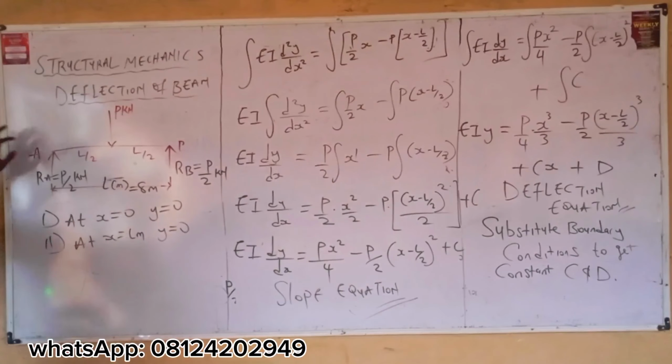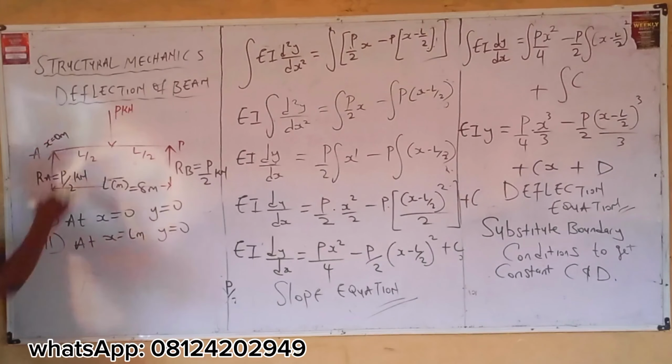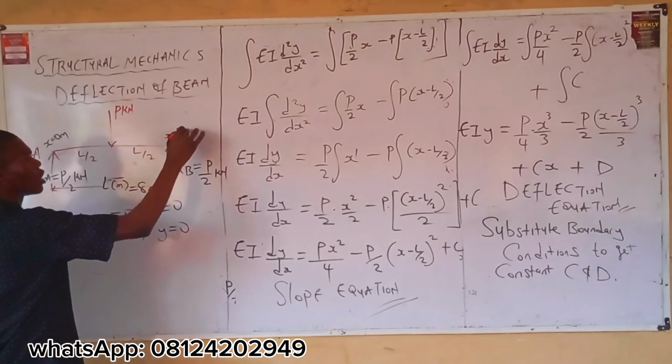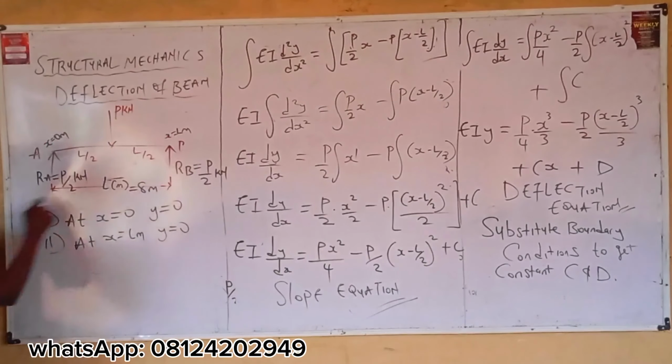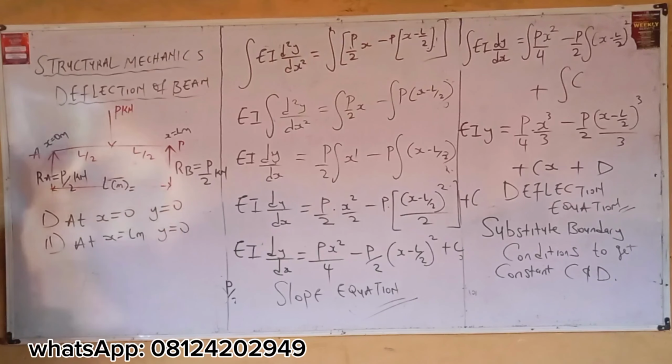Just know that the initial value of x and the final value of x are what you are going to use. In this place, what's the value of x? 0 meter. What's the value of x here? L meter. The total length is L meter.